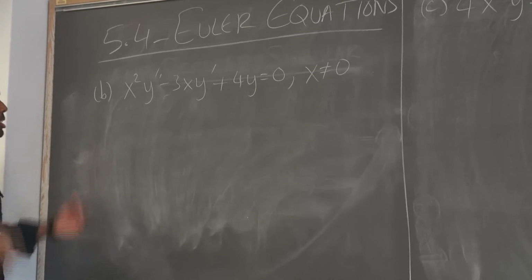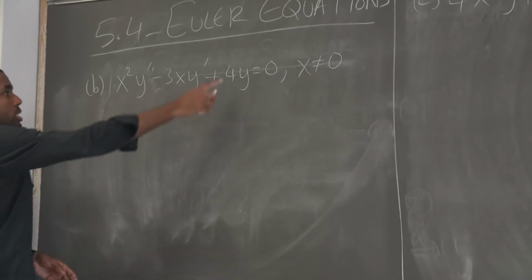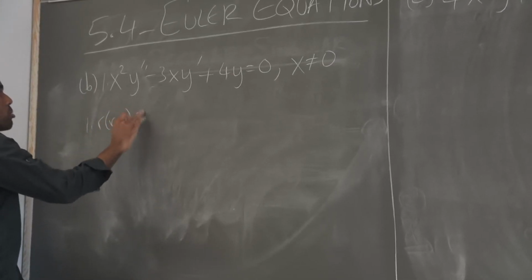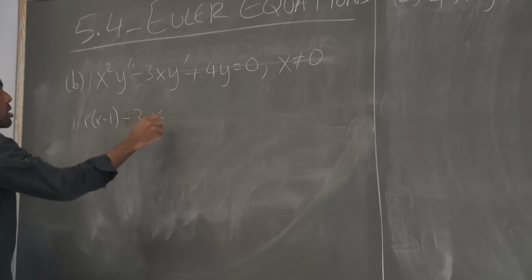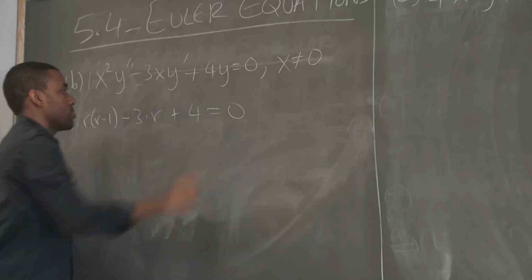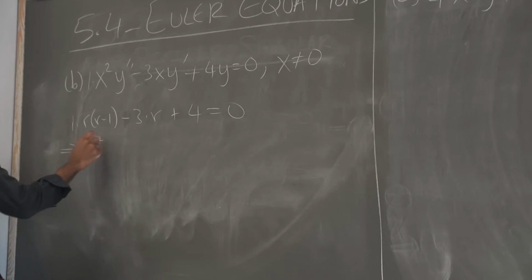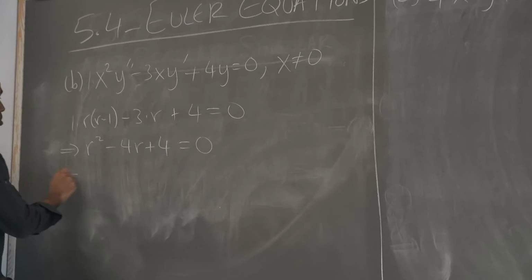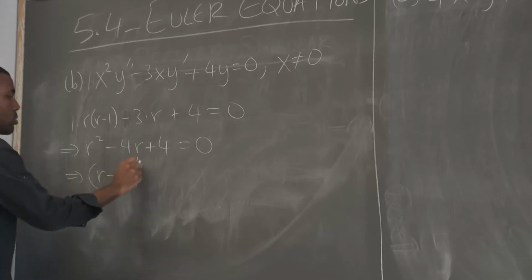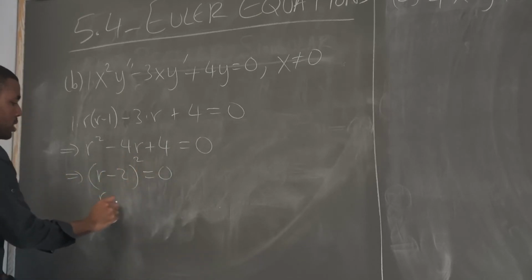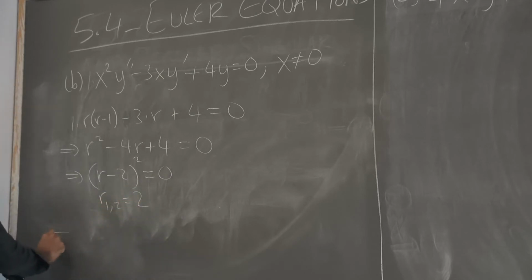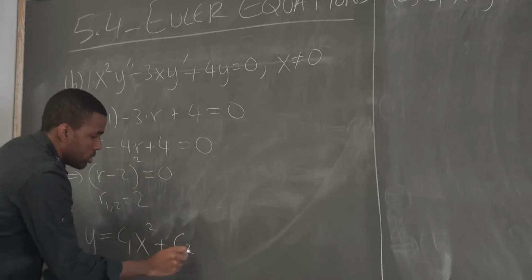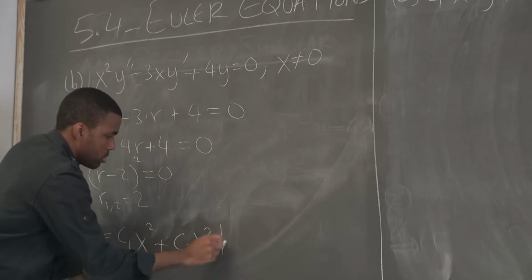Same thing, right? Alpha is 1, beta is -3, gamma is +4. So it's alpha times r minus 1 plus beta times r plus gamma. This gives us r squared minus r, that's minus 4r plus 4 equals 0. This gives us r minus 2 all squared. So I get a repeated root. So this means y is equal to c1 x squared plus c2 x squared ln x.